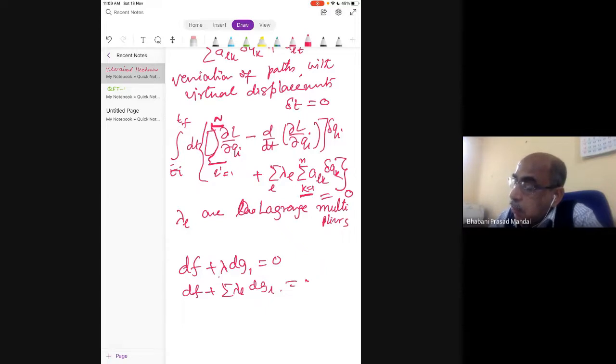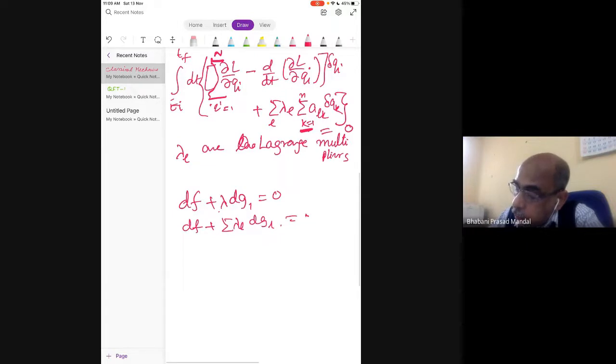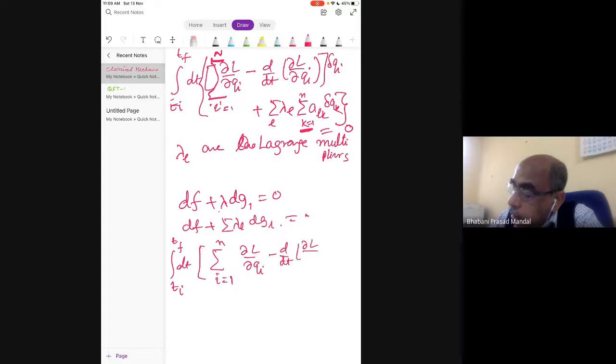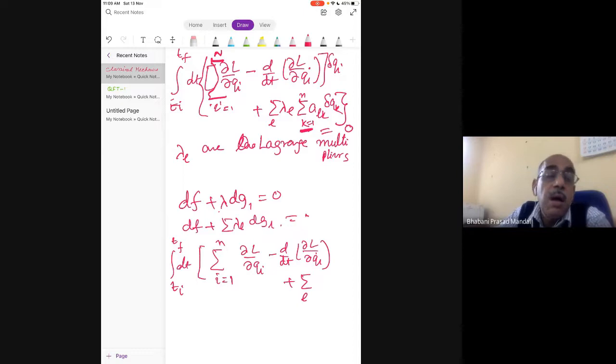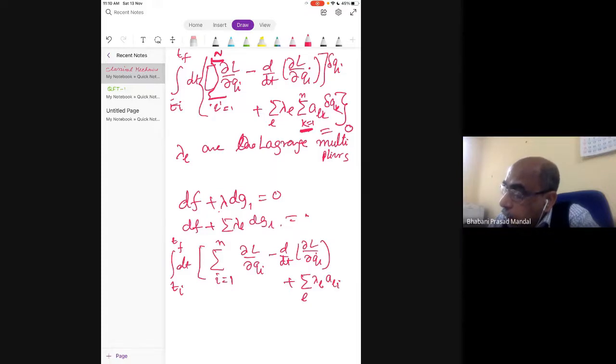If we take this term and this term together, then we have the integral from t initial to t final of dt, then the sum over i equal to 1 to n of del L del q_i minus d/dt of del L del q_i dot, plus the sum over lambda_l a_li, and then delta q_i is outside.